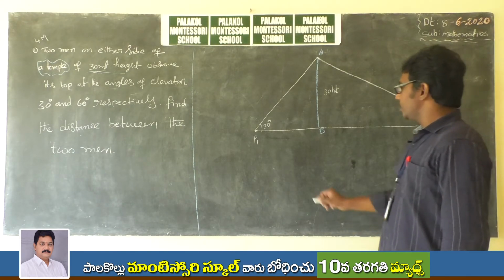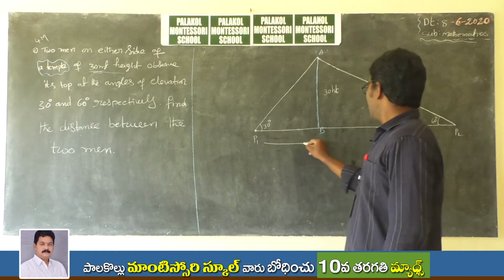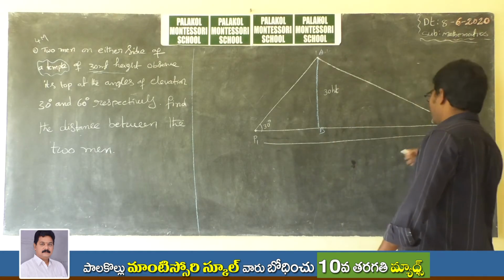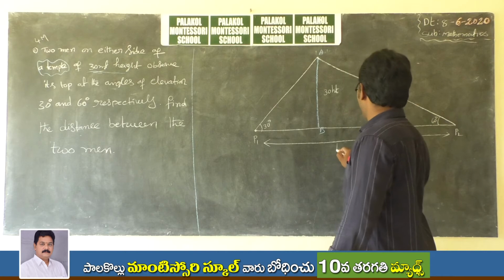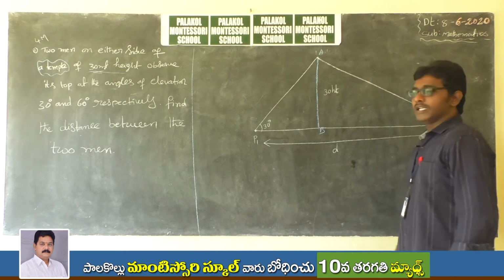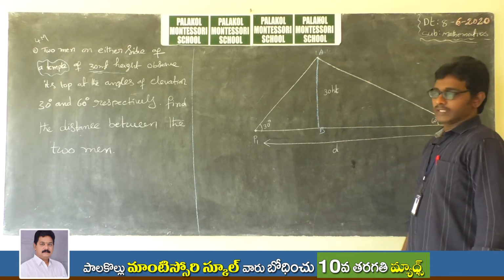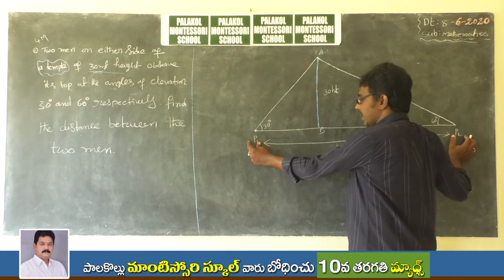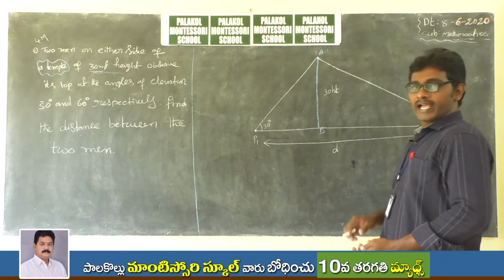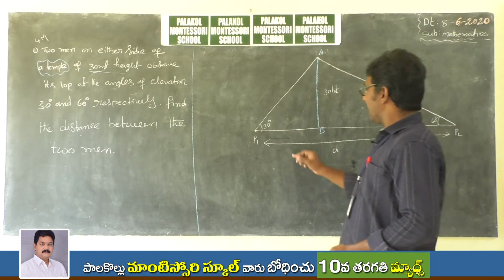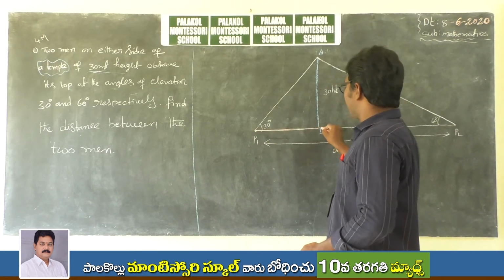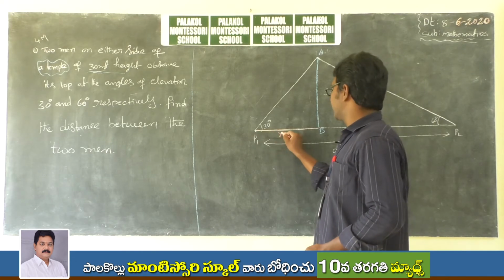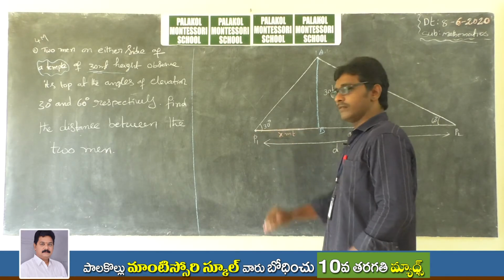Now you find the distance between P1 and P2. I call this distance D. Guys, first I take the distance BP1 as x meters.